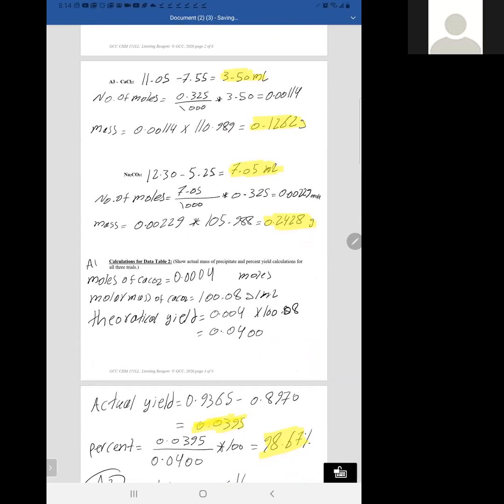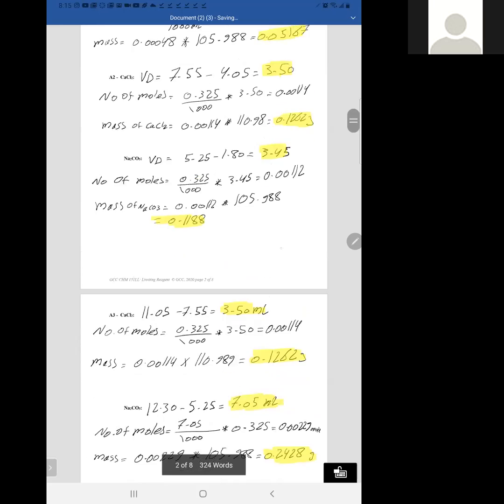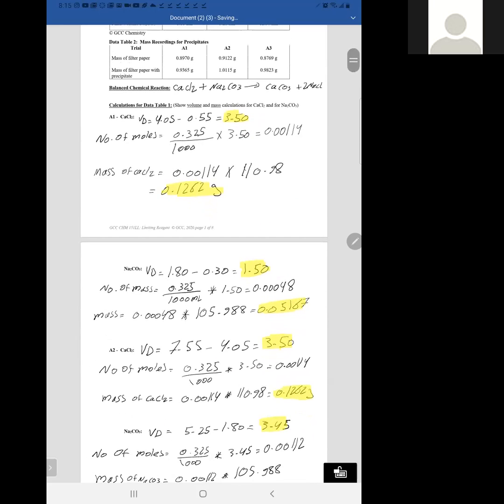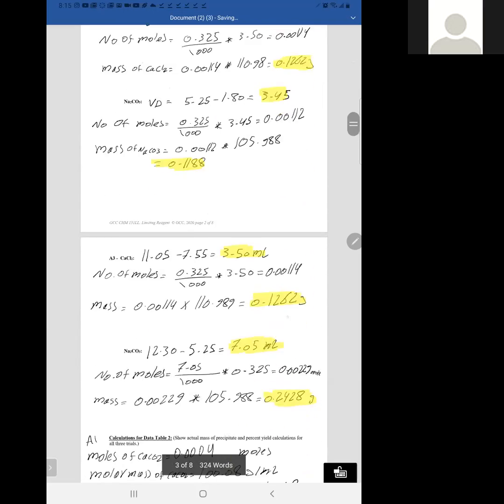And for the calculation for the table 2, we start with the trial A1. So we have to first know which one has less number of moles. In this case, we have Na2CO3. It has less number of moles.